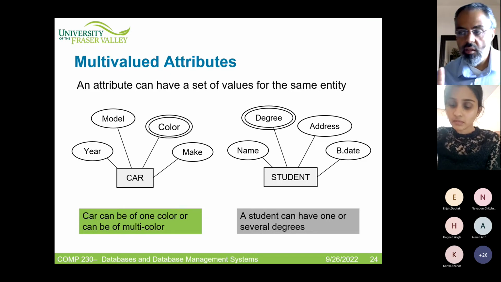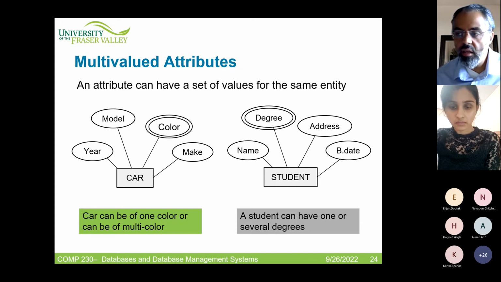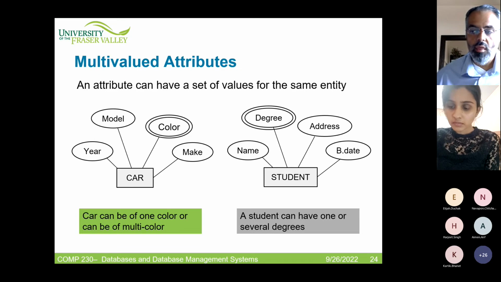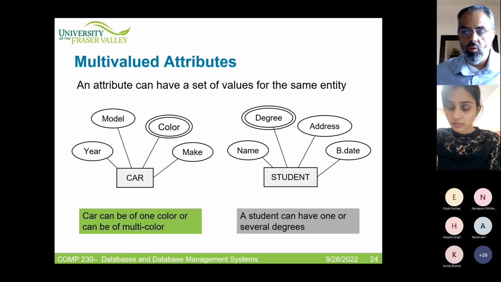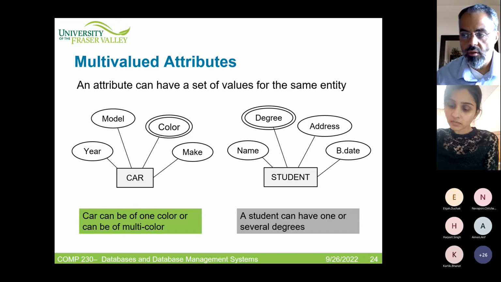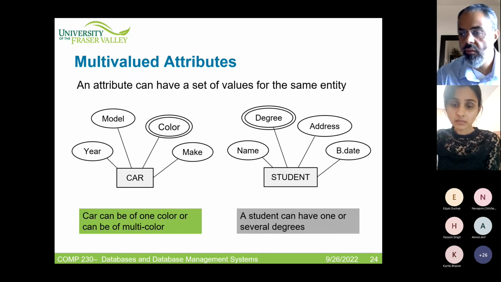So Ismail has 3 values for the degree attribute. I'm not talking about something like the address, street name, and apartment, where you have different subparts. No, I have only one attribute. However, for a specific instance, not all instances, I may have more than one value for this attribute.